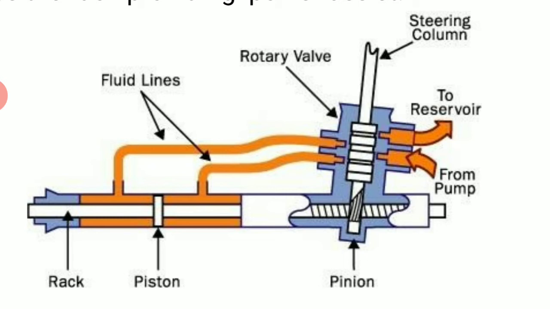Automatically, when the pressure is developed, it will boost or give extra power to the steering column. Then the effort on the steering column will be less. So this whole system works on hydraulic pressure. Okay.